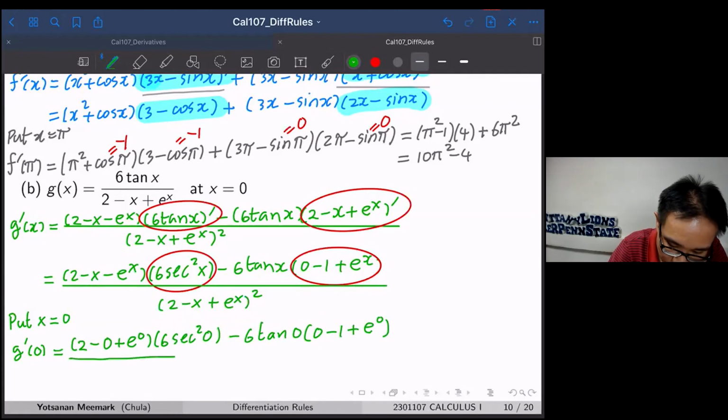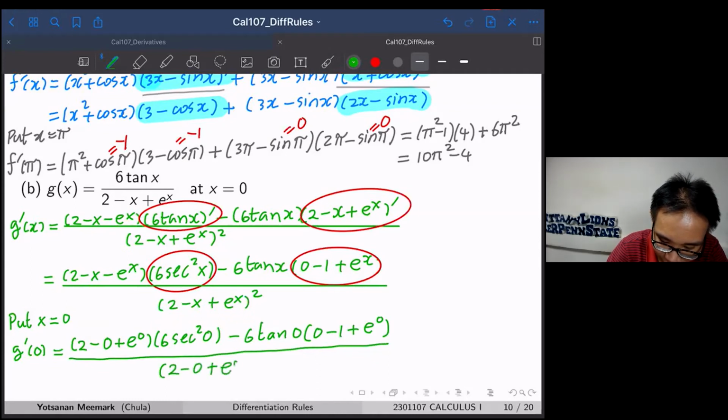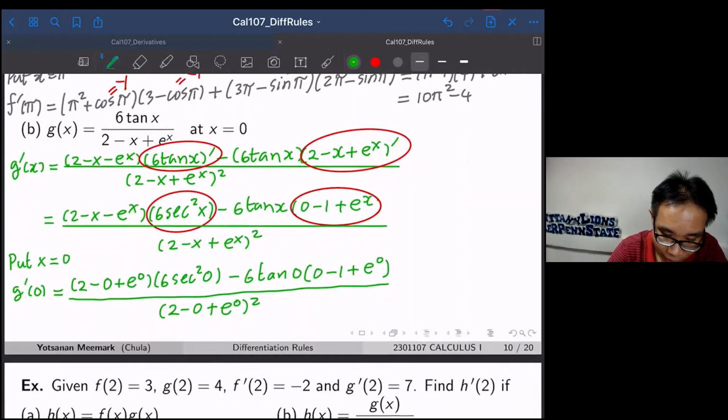On the bottom, I hope that is not going to be 0, so it's going to be (2 minus 0 plus e^0) squared. You know that tan 0 equals 0, so that term disappears.